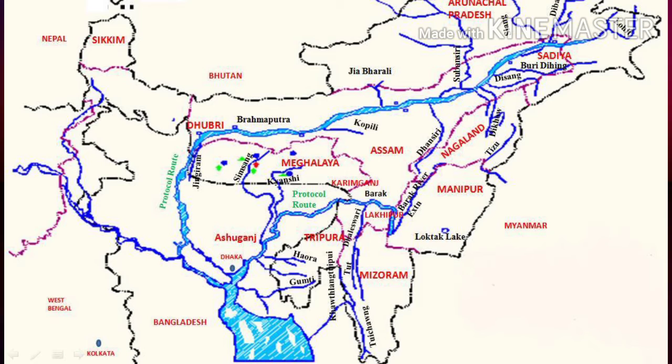Its major left bank tributaries are the Burhi Dihing, Dhansiri in the south, whereas the important right bank tributaries are the Subansiri, Kameng, Manas and Sankosh, as you can see on the map. The Brahmaputra enters into Bangladesh near Dhubri and flows southwards.